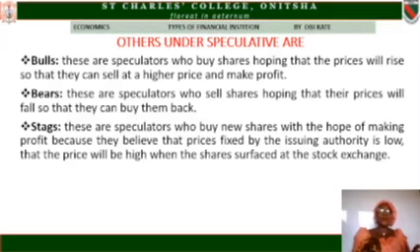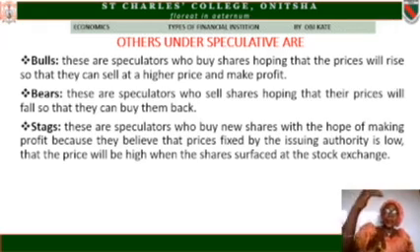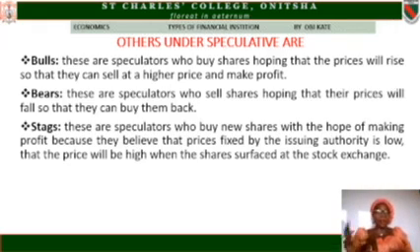By bulls here, we don't mean the animal, but speculators who buy shares, hoping that the price will rise so that they can sell at a higher price and make profit. So what it means is that the bulls buy stock or shares when the prices are very cheap, with the hope to sell when the price of the shares increases.